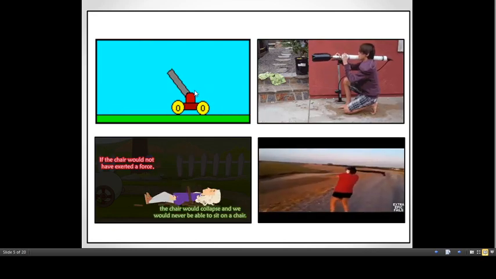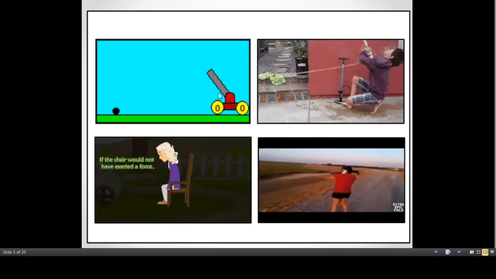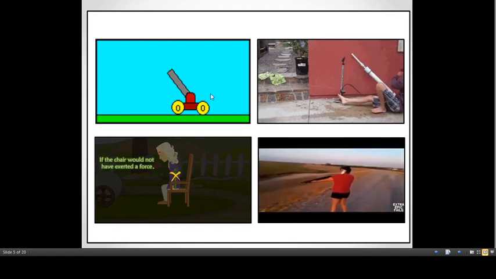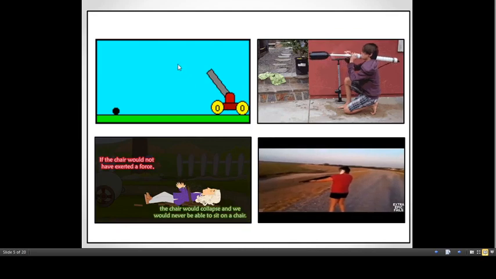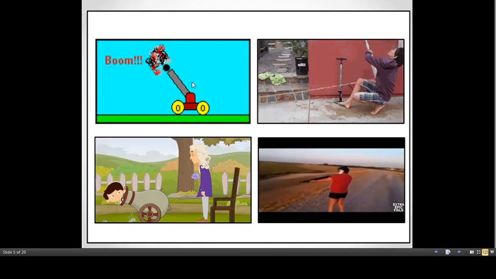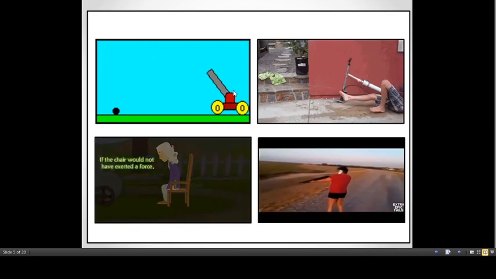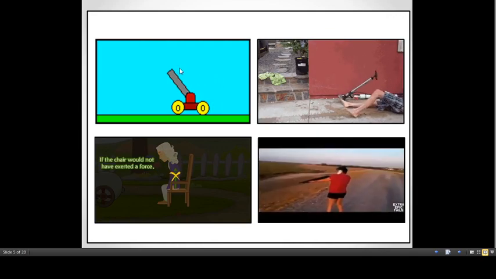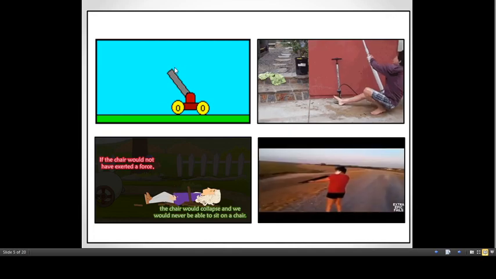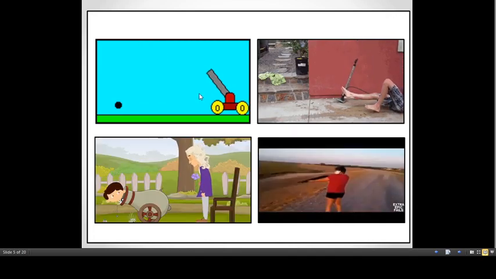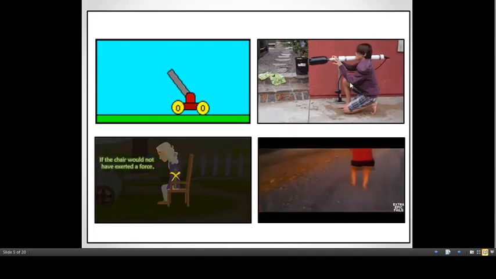So whenever some object is fired from this, whatever the force is required to throw that object in the outward direction, the same amount of force is applied in the back direction.